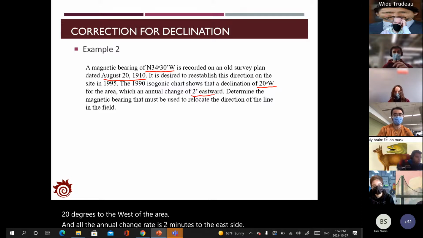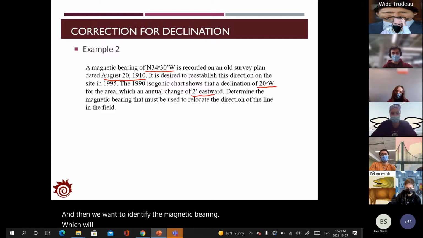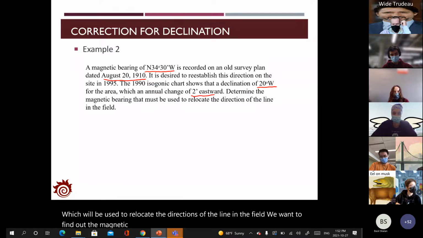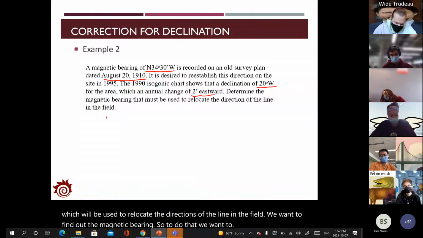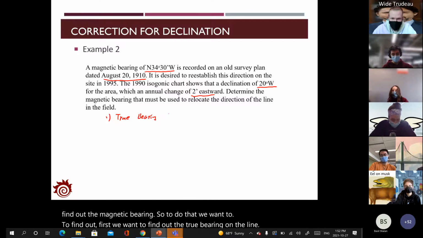And then we want to identify the magnetic bearing which will be used to relocate the direction of the line in the field. To do that, we want to find out first the true bearing of the line, or the true direction.